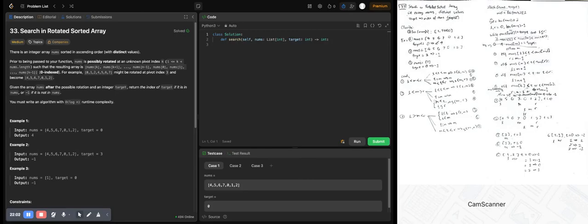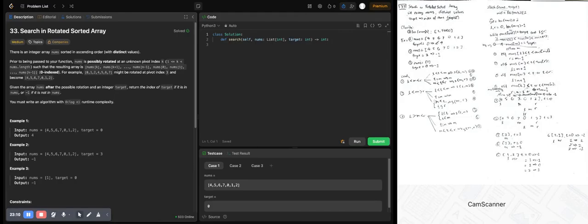Okay, let's do this. So if we check nums of left is less than nums of mid less than nums of right, then we search the left hand side.